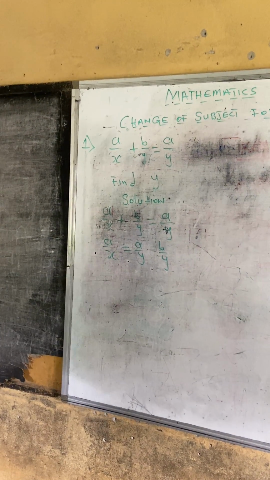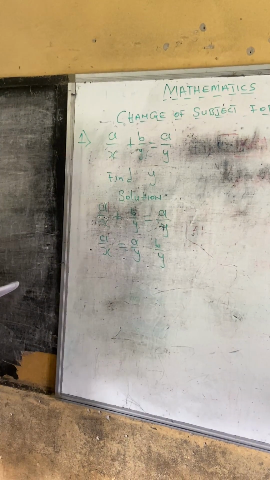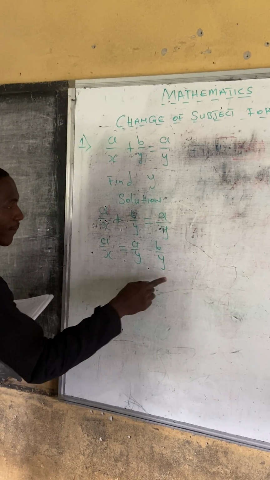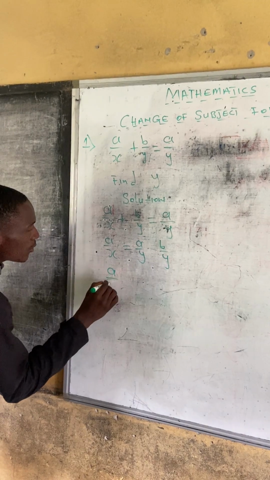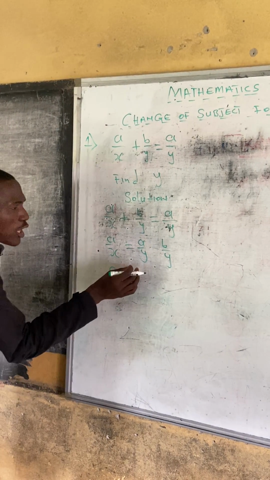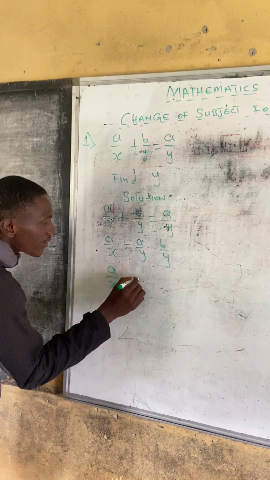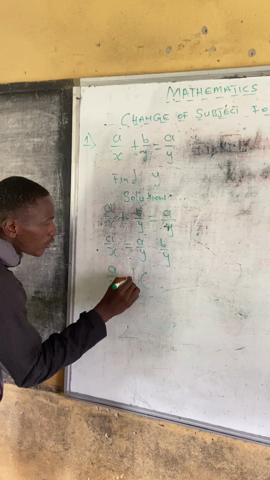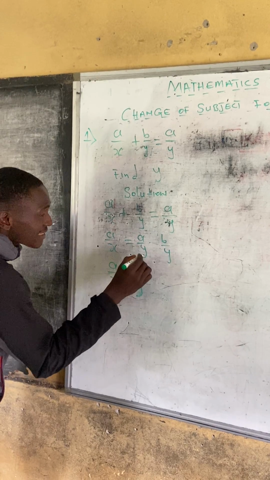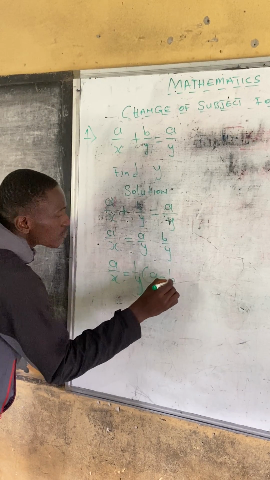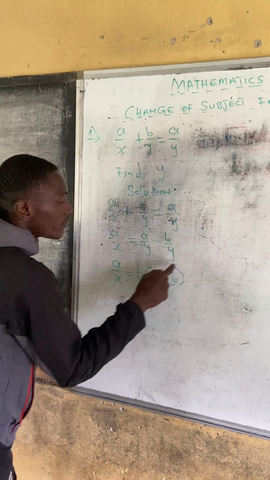Then the next thing to do is we are going to simplify this by isolating the y, by taking out the y. So how do we do that? We write a all over x equal to, because this is y and this is y, we can say in brackets we have 1 all over y, because 1 all over y times a minus b will give us the same thing as a all over y minus b all over y.